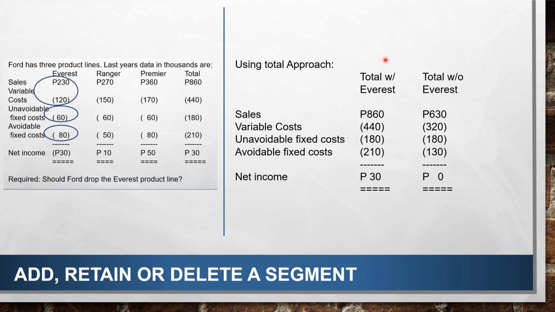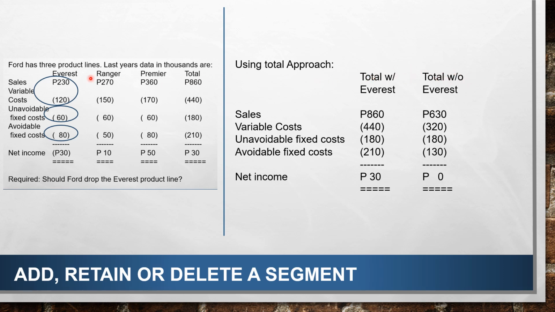So we have contribution margin with Prestige of 440. If we delete Everest, we will lose that 110 in this portion here.